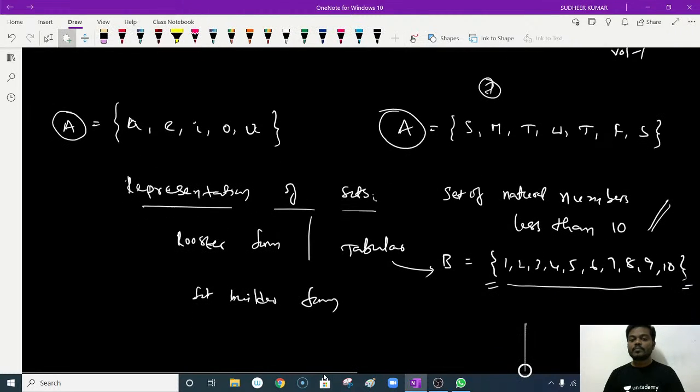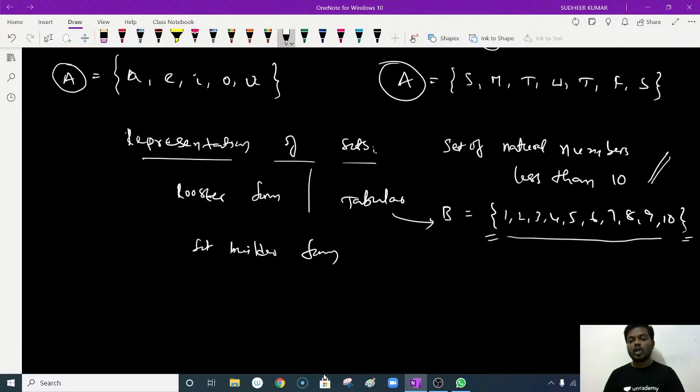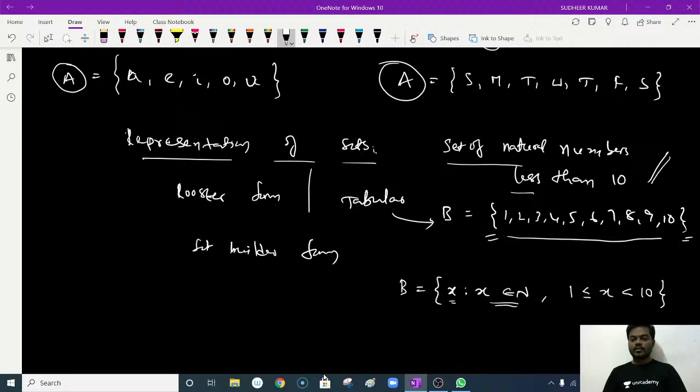Sometimes we'll use the notation or rule. If you see the set builder form, how do we represent this set builder form? The same condition can be expressed as set B is the set of x such that x belongs to n, natural numbers, and 1 is less than x less than 10.